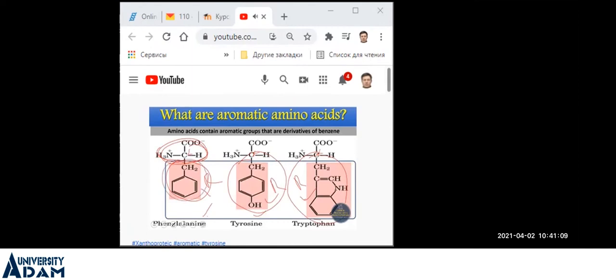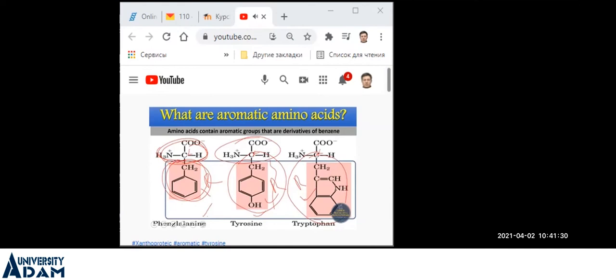Like differentiating between glycine and phenylalanine, or between alanine and tyrosine. They have the common portion and only differ in their R groups, so we can differentiate them only on the basis of their R group.